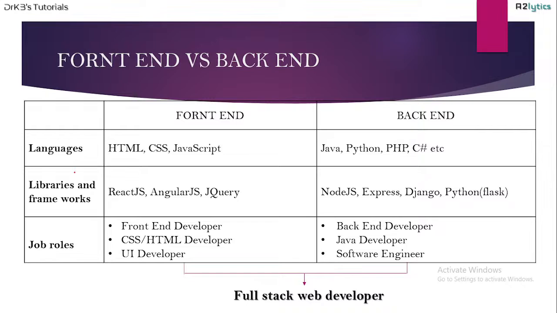So, this is a summary of full stack web development. At the front end, programming languages are HTML, CSS, JavaScript, and libraries like ReactJS, AngularJS, jQuery. The roles of a front-end developer are front-end developer, CSS or HTML developer, user interface developer.